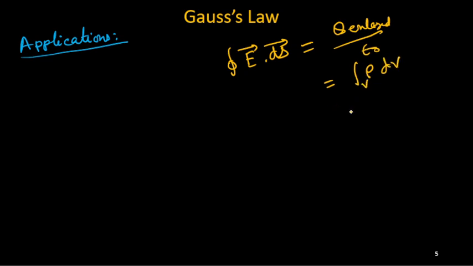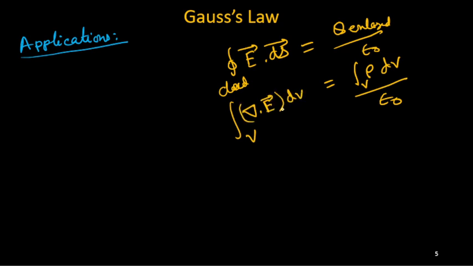So this is the total charge. Now this closed surface integral we can convert to a volume integral using the divergence theorem: the integral of del dot E dV. That will be the same as the integral of rho dV upon epsilon naught. If we compare these two, then del dot E should be rho upon epsilon naught.